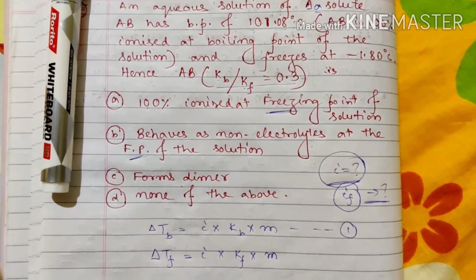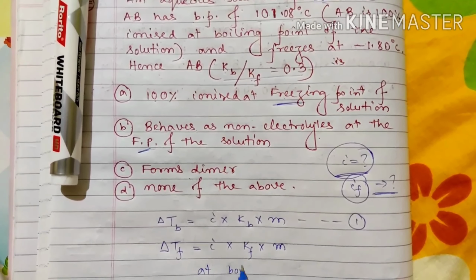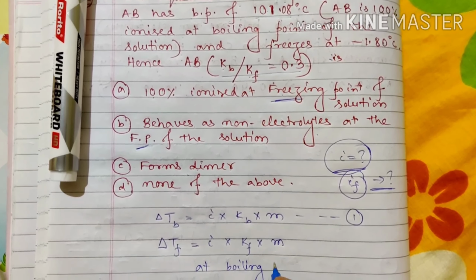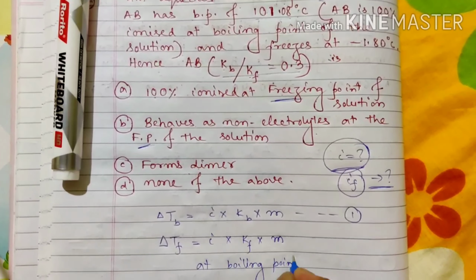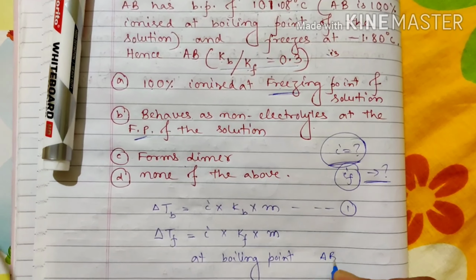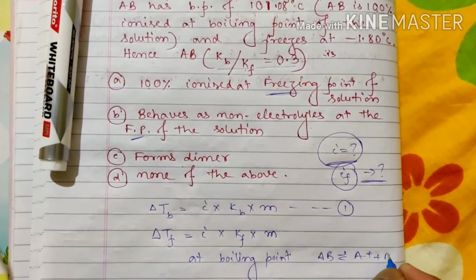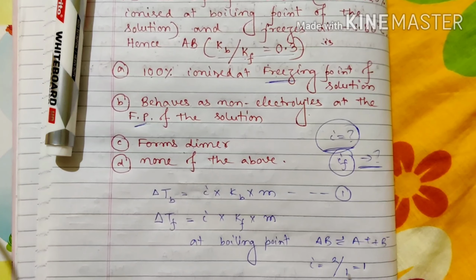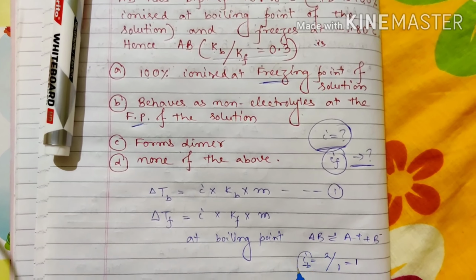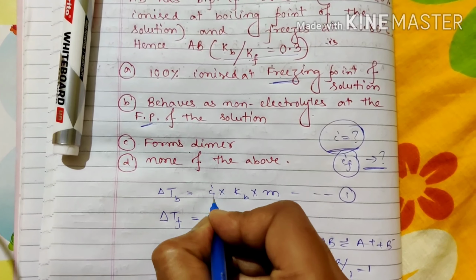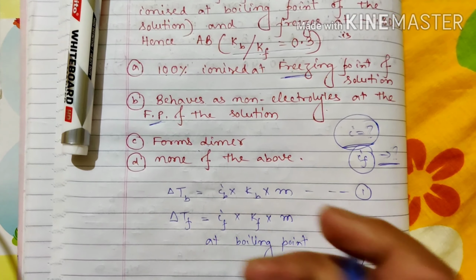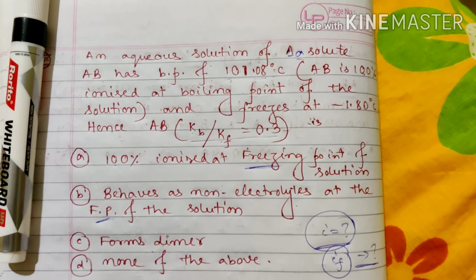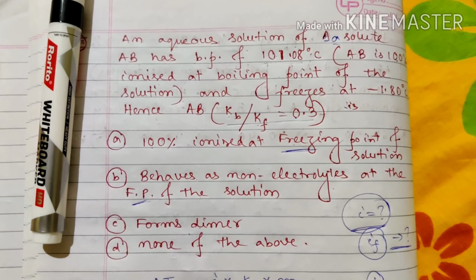That means at boiling point, if it is 100% ionized, that is AB, that is A plus and B minus, so I value should be 2 by 1, which is 2. Which I value? It is IB actually. So it is IB and it is IF. In the question, Kb by Kf is also given.